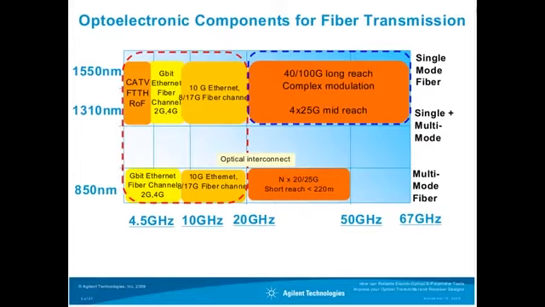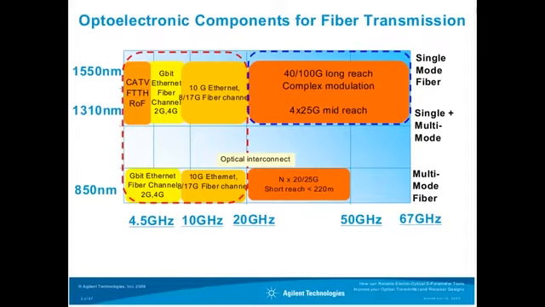For the telecom ranges, it's entirely single-mode fiber. For the datacom range, it's both multi-mode and single-mode fiber, and this is basically determined by the distance to bridge. So the 850 nanometer range is basically multi-mode, and in the 1300 range, we have both multi-mode and single-mode fibers.